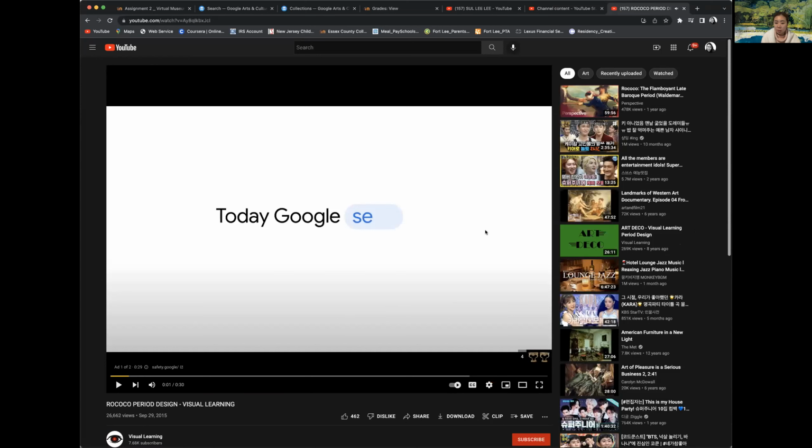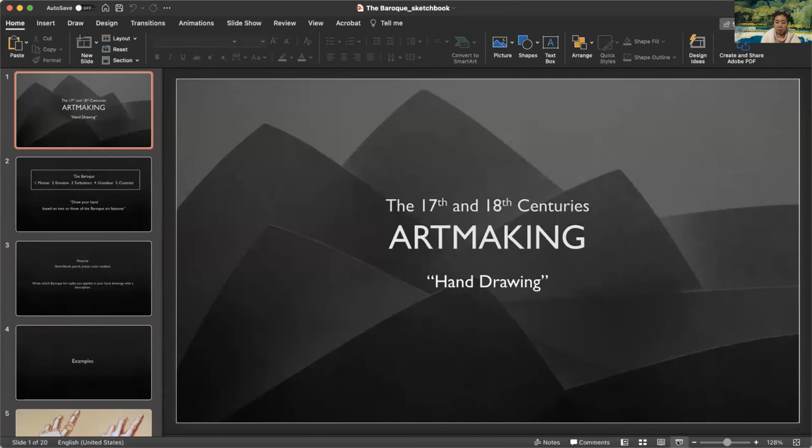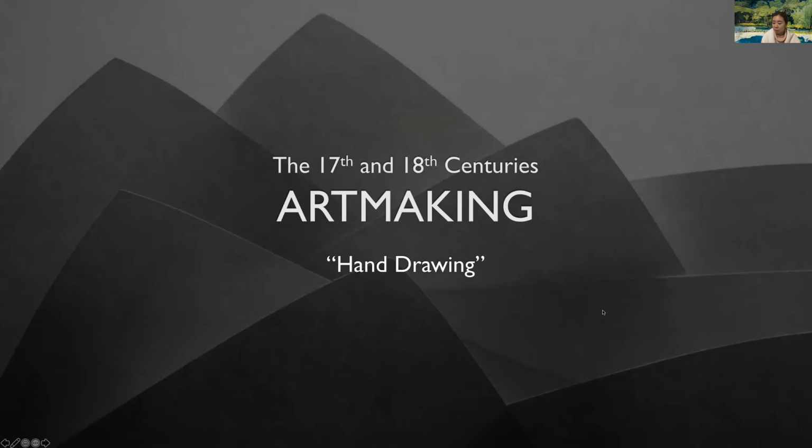That's it for this chapter. We have a sketchbook project related to this chapter, 17th and 18th centuries, the Baroque art style. So you're gonna make a hand drawing for the sketchbook project tonight. So let's see the details.